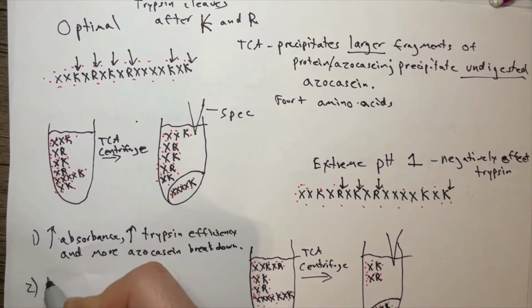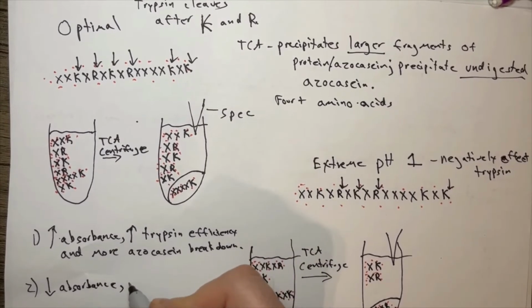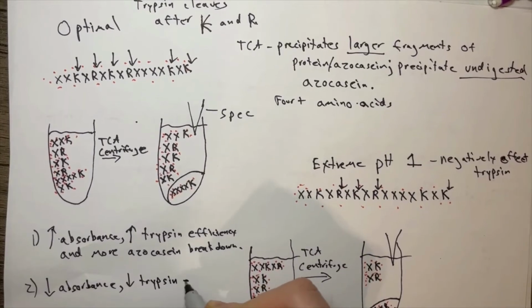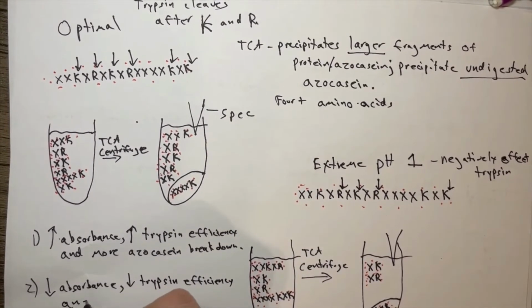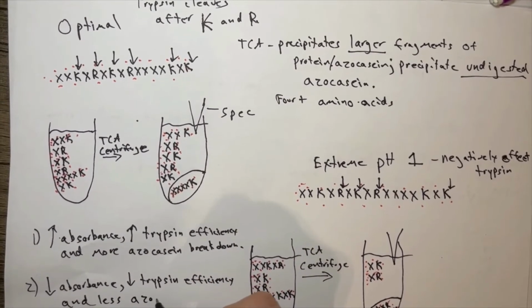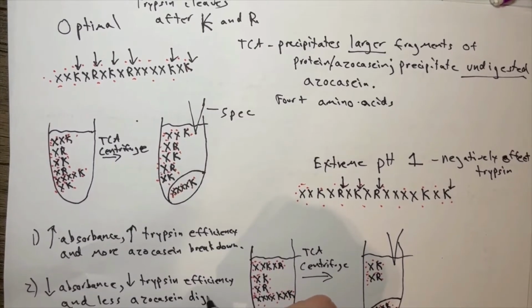And vice versa. The lower the absorbance, the lower the trypsin efficiency, and less azocasein digested.